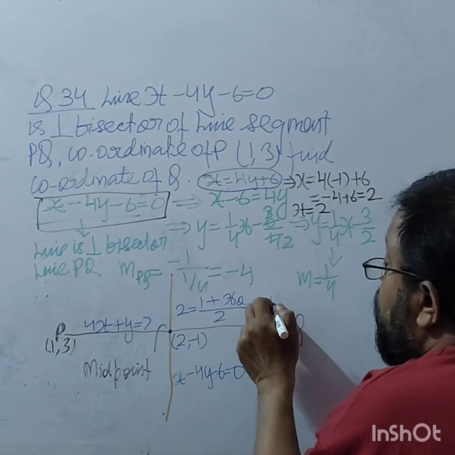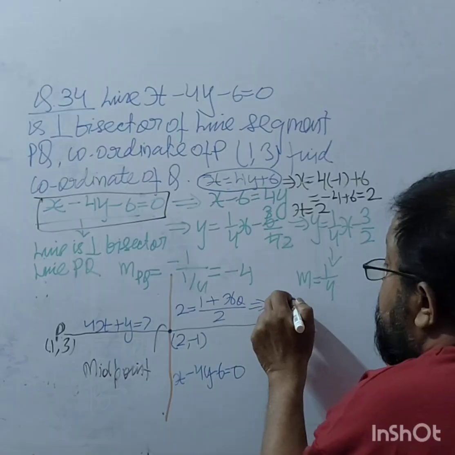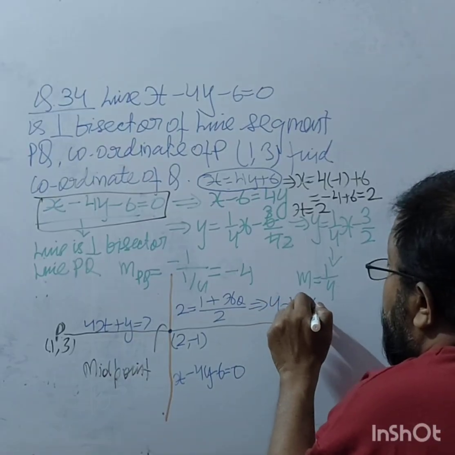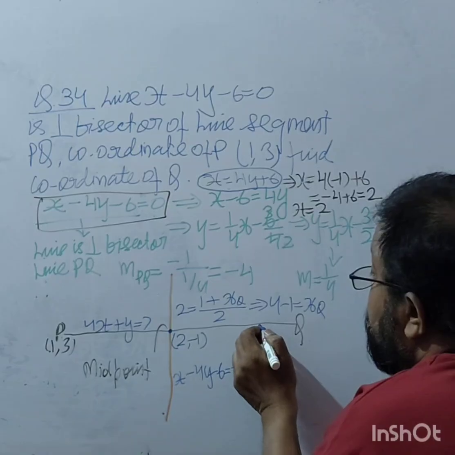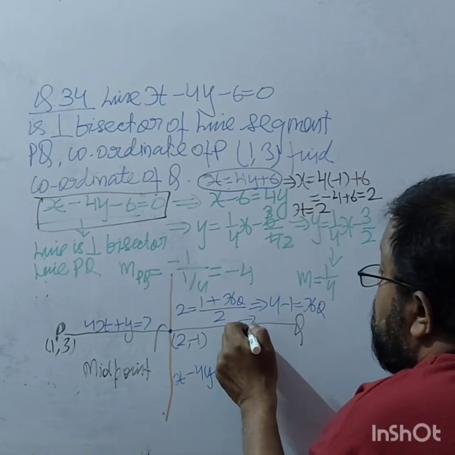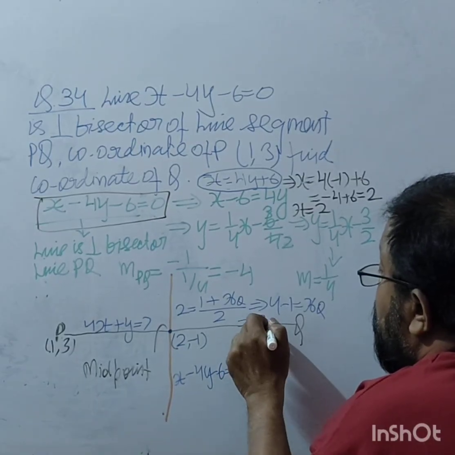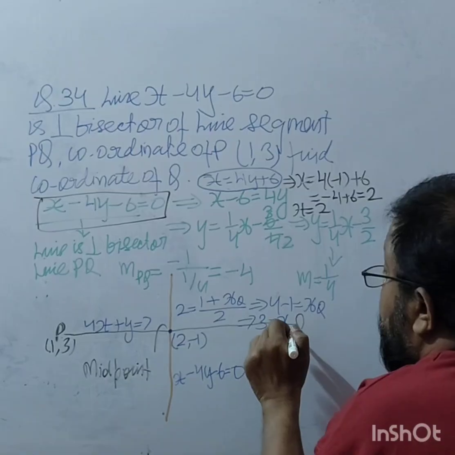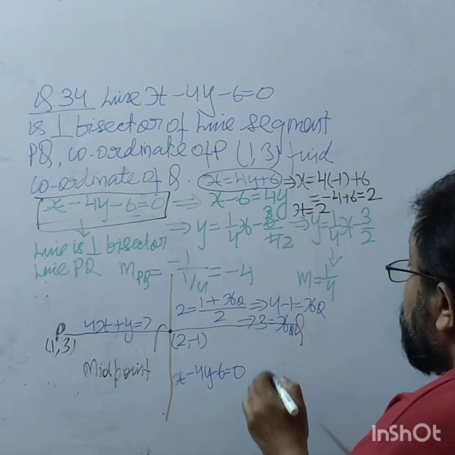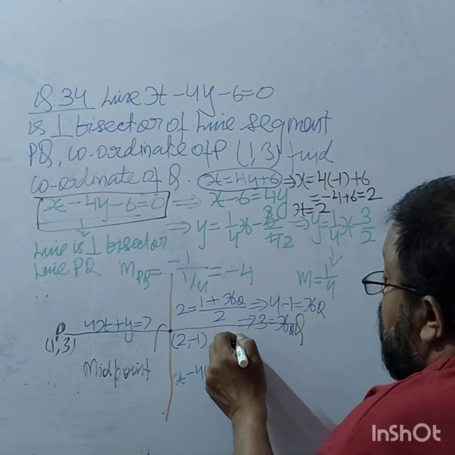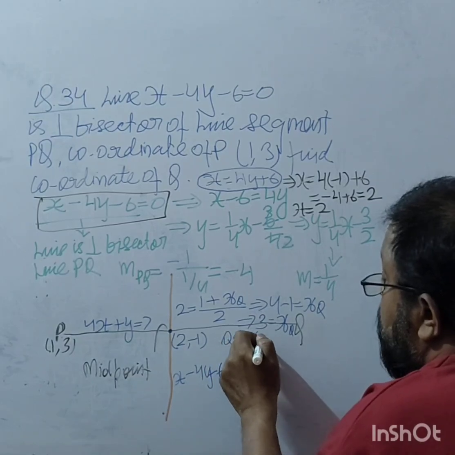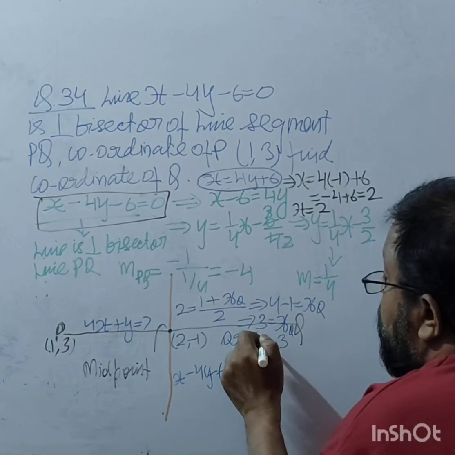So 4 minus 1 is equal to x of Q, right? So x of Q is equal to 3.